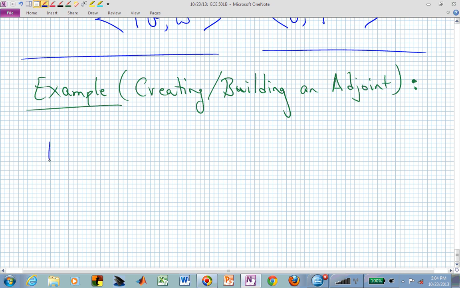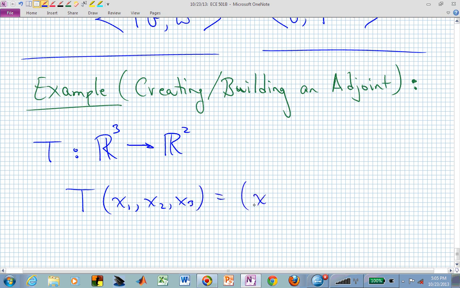Now to make it interesting, let's not let T just map from V to V. Let's give ourselves a domain and codomain that are different. So let's just pick R3 to R2. And suppose that the linear map T takes a vector from R3 and creates a vector in R2, which let's just say takes the second component and adds to that 3 times the third component, and that's now our first coordinate of R2.